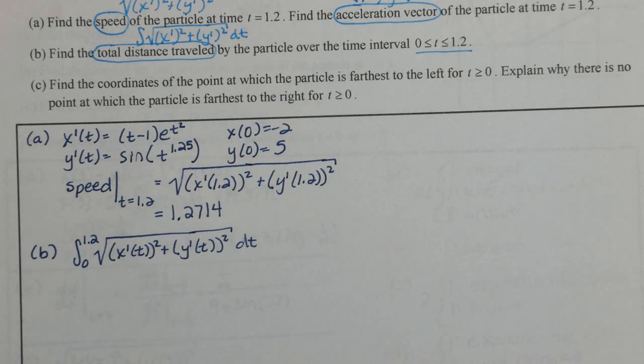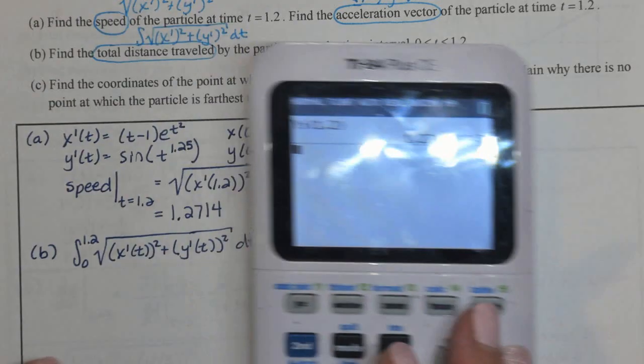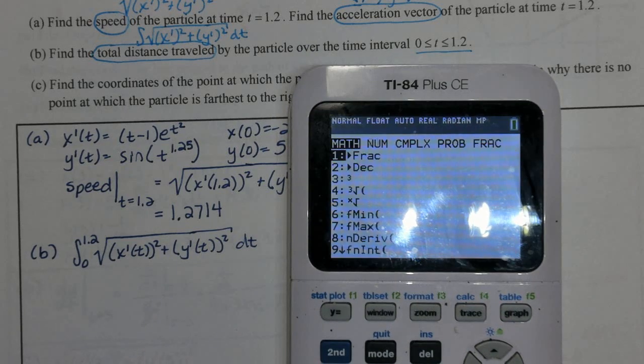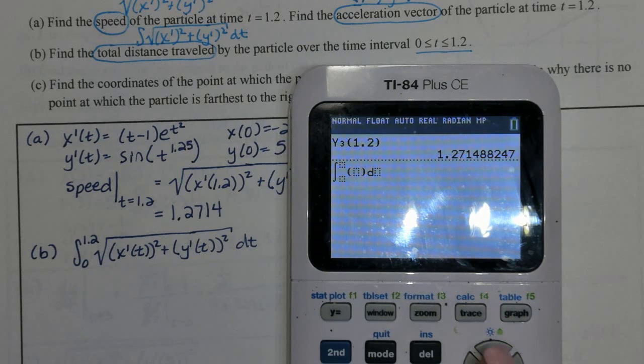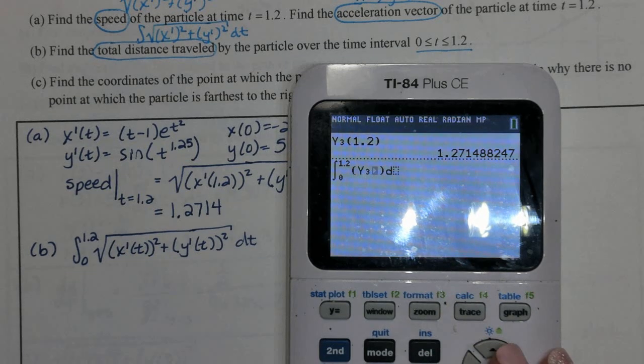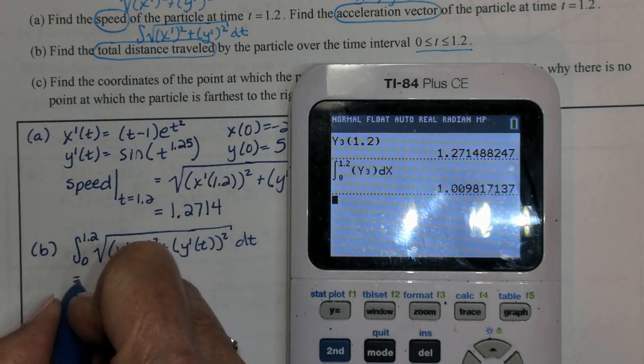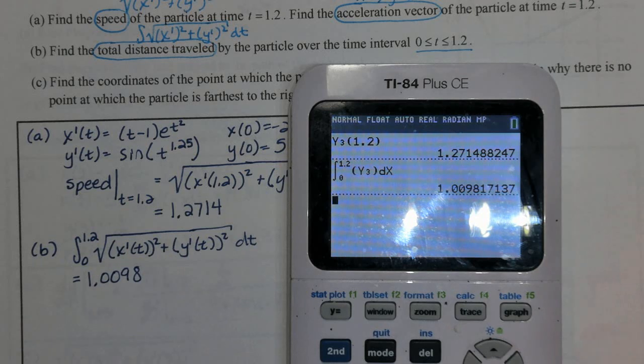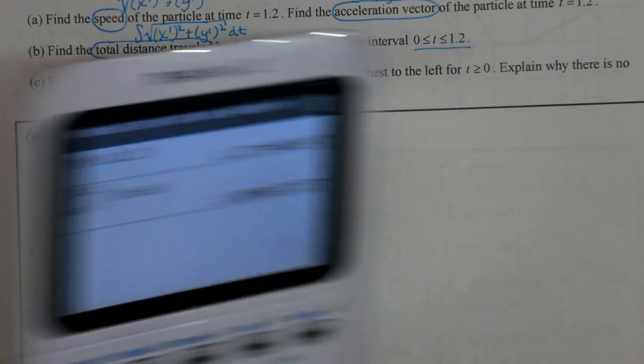Okay? You have to state that. Now I can just go to my calculator. So I have math 9 for the integral, 0 to 1.2 of y3. That's where I have my speed function. And I give at least 3 values after the decimal point.